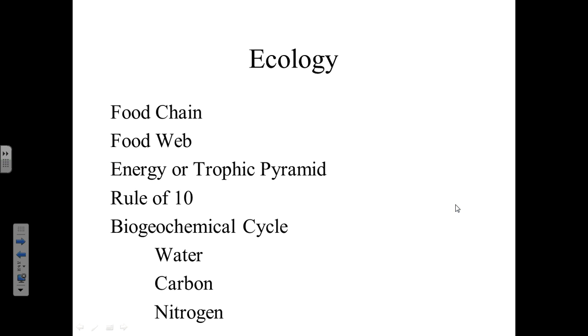Everybody in here has seen a food chain before. You've seen those in regular biology. That's part of ecology. For example, in a food chain, down at the bottom, you might have, for example, a plant. So let's start with a plant.